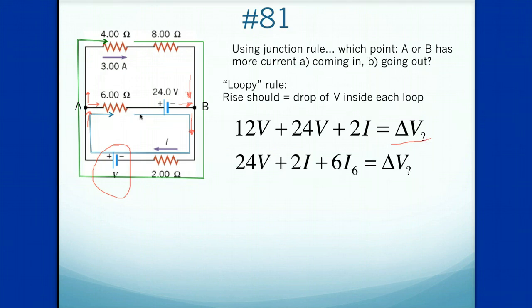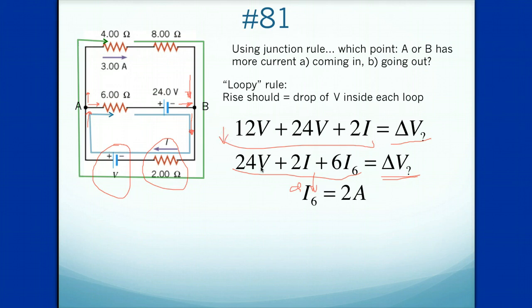The inner loop, the smaller one, we have 24 as our drop. Then we have a drop of 2 times I going through this. That's your second drop. Then you have a rise, and then we also have another drop of 6. So again, this right here is our rise, and those are all drops.